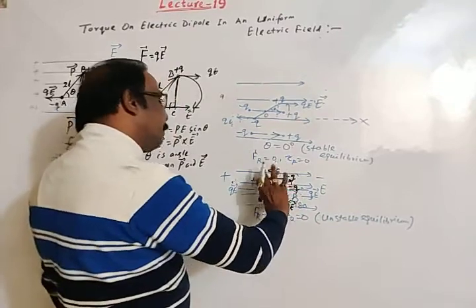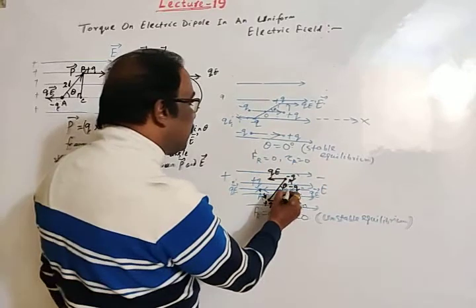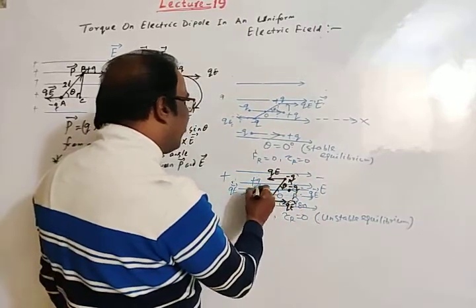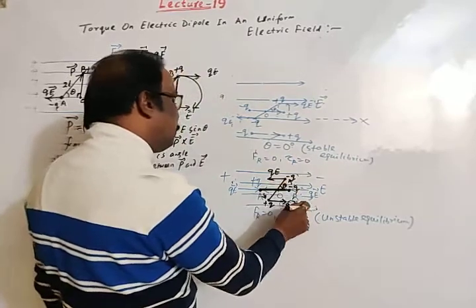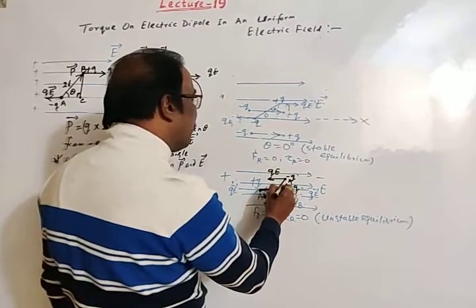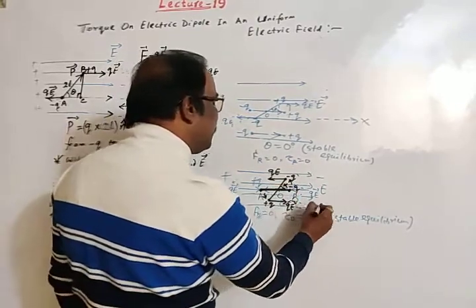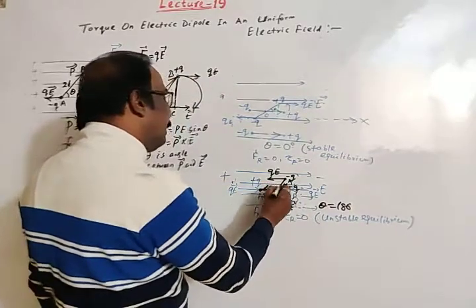So it will experience a torque. This is the original position of the dipole, meaning here theta is 180 degrees. Suppose this angle is alpha. So initially theta is 180 degrees, anti-parallel to the electric field.